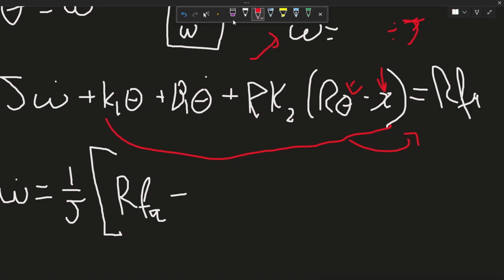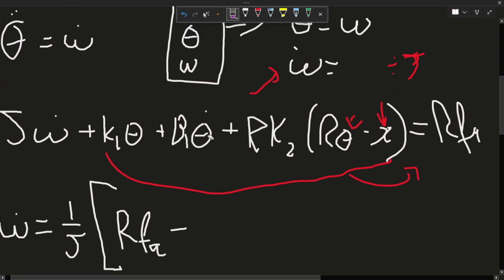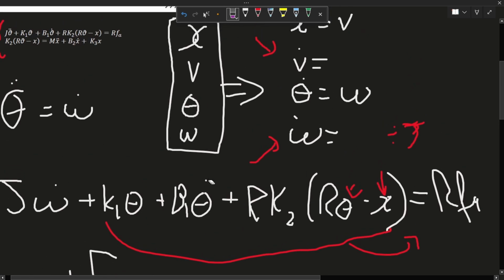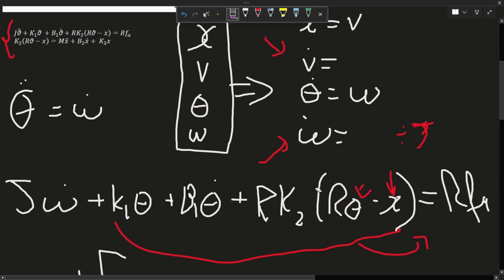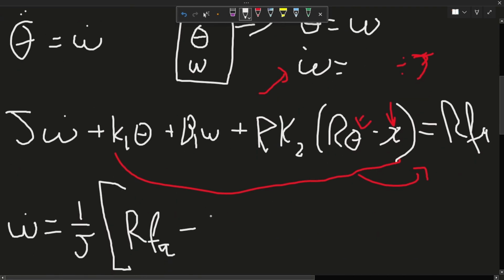Oh, actually, hold on. My bad, guys. Instead of writing theta dot, another rule is that whenever you're defining a state variable, you can't have other derivatives in your equation. It's not like a normal differential equation. You can't have other derivatives. Since we already defined omega, instead of writing theta dot, you write omega. Okay, and then you carry on. I'm just going to factorize this in my mind.